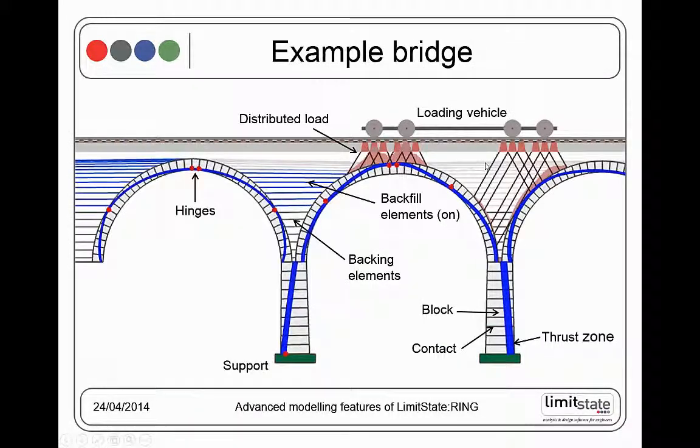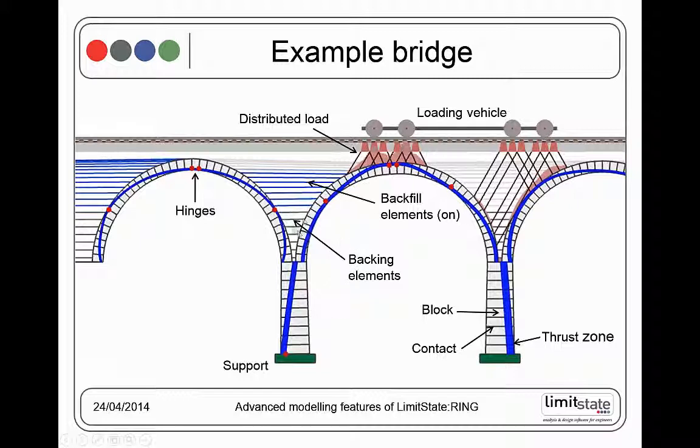So here's an example bridge modeled in the software. You can see we've done an analysis. We have a line of thrust or a zone of thrust representing how the bridge is carrying the load at collapse. We've also got hinges shown in red.